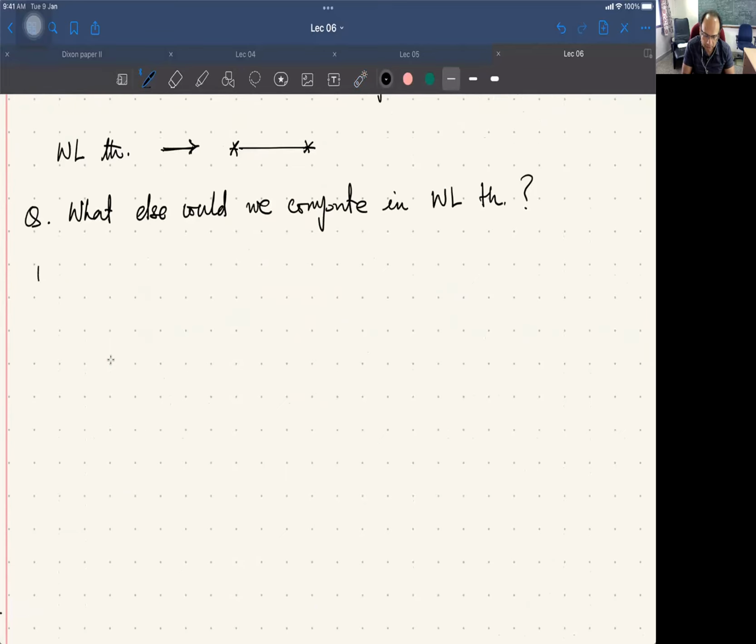And the answer is that there are two things that I'm going to discuss. One is insertions, and two, other processes. You can view this as a process, a particle moving from one point to another, and so other possible processes.